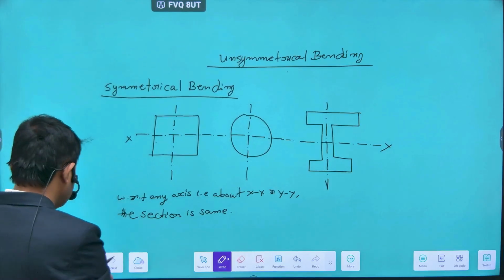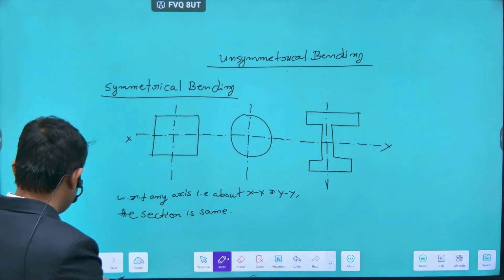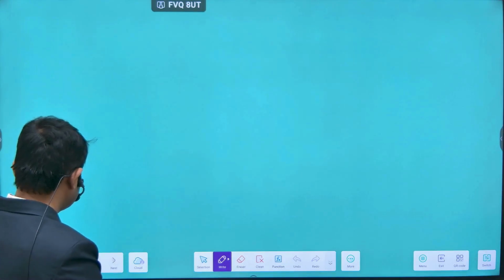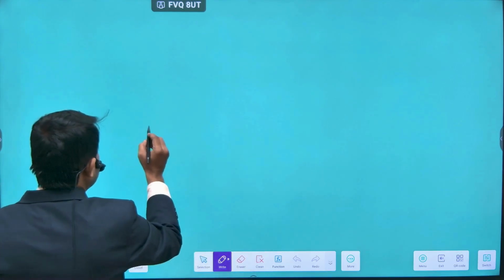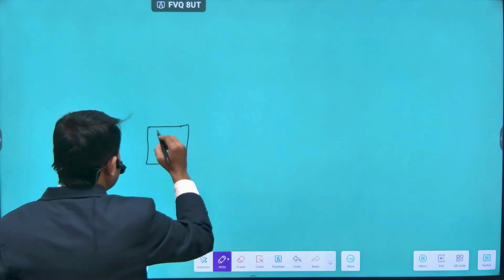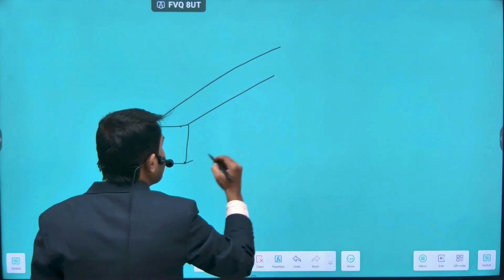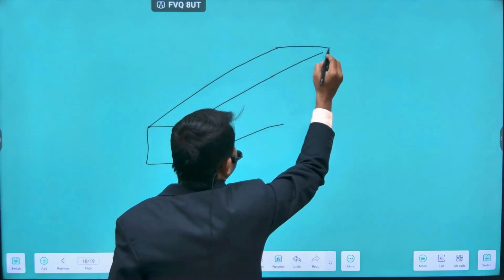Then coming to the next important point: suppose you take a beam having length L. This is the length of the beam.